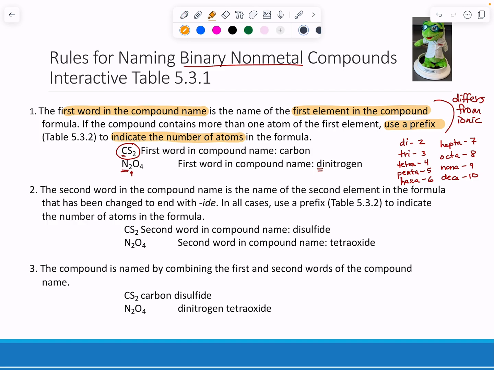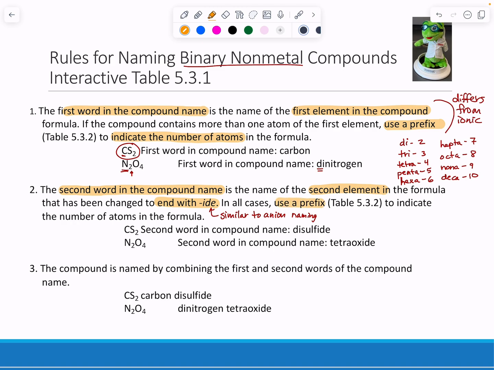So then the next rule is that the second word in the compound name is the name of the second element, and it's going to end with "ide," just like our anions. So this is similar to anion naming. And in all cases, we're going to use a prefix to indicate the number of atoms.